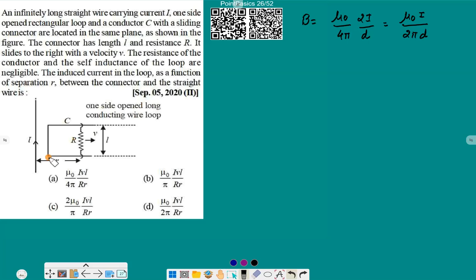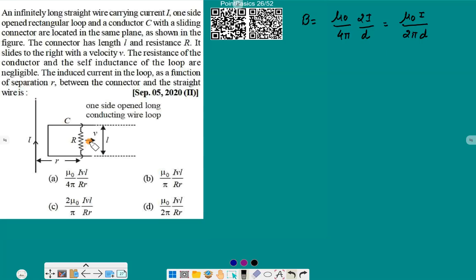As we change the distance, the value of magnetic field is also changing, and as we move this conductor to the right side, the area of this loop is also changing. So here both magnetic field and area are variable.